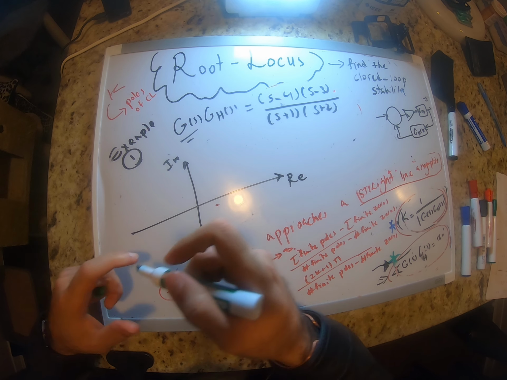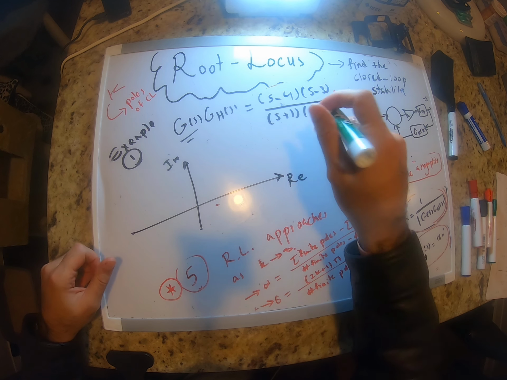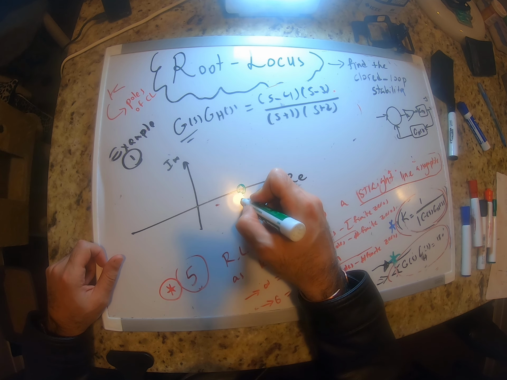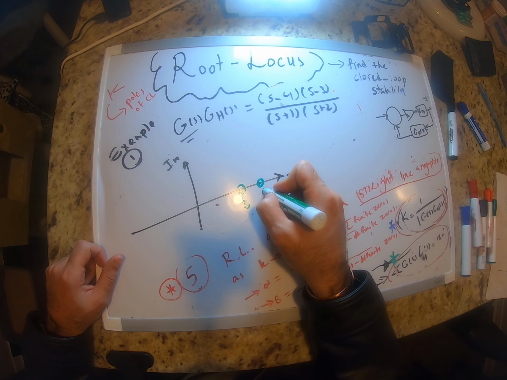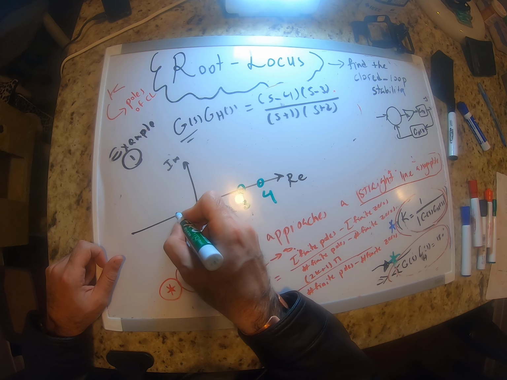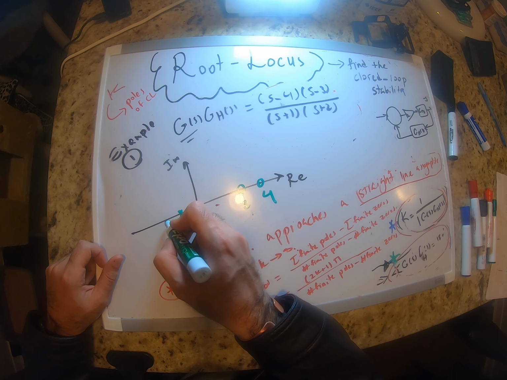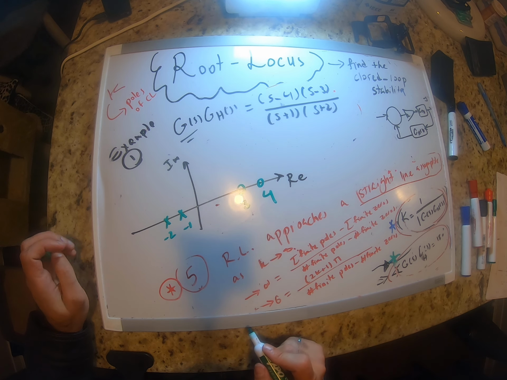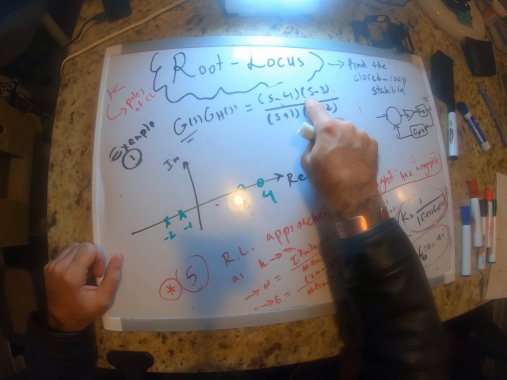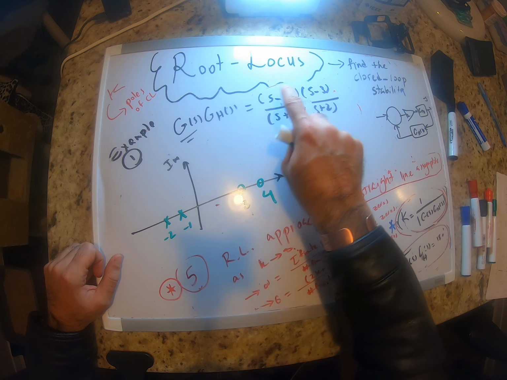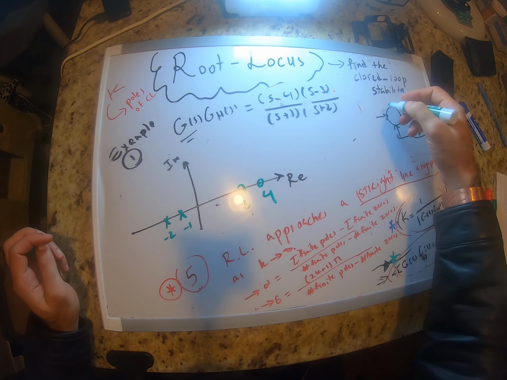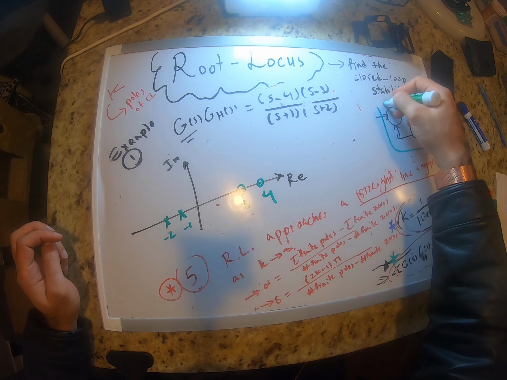So we have 2 zeros on the right hand plane at s equal to 3 and s equal to 4, and 2 poles on the left hand plane. Okay, so this system is stable, but we want to figure out if the closed loop system is stable or not, right?